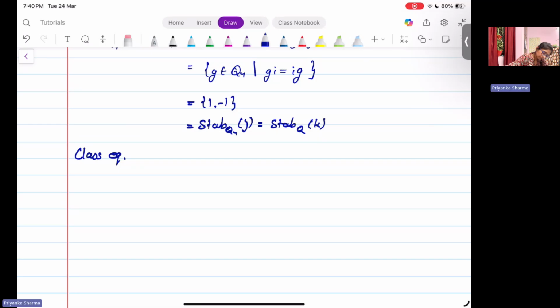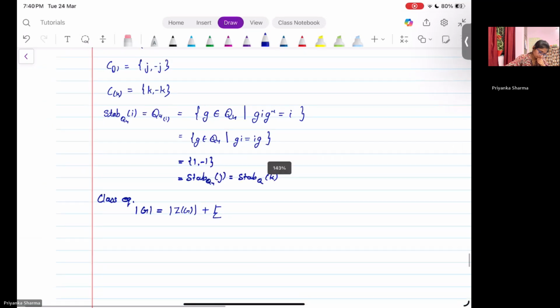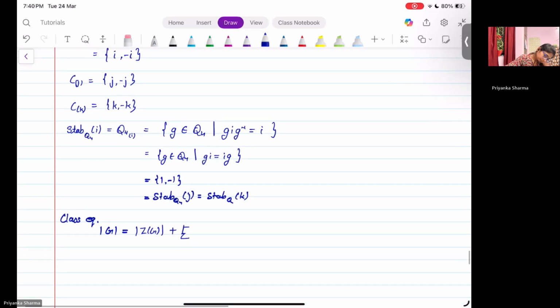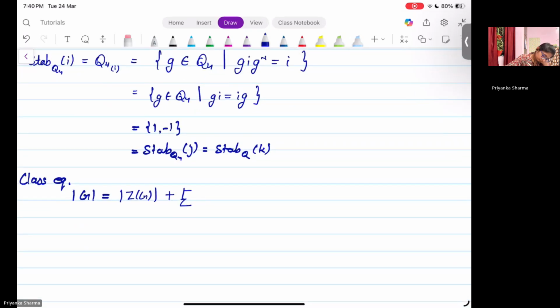The class equation will be the cardinality of G, that will be the summation of, let's split it, the first term will be the order of the center and the summation over x belonging to the set of representatives of G by G_x.